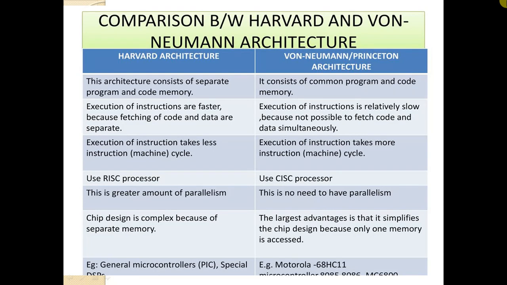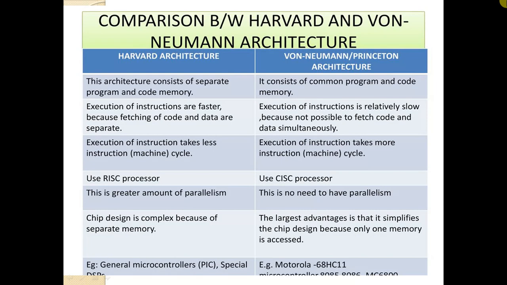In von Neumann architecture, execution of instructions is relatively slow because it is not possible to fetch code and data simultaneously. Execution of instructions takes fewer instruction cycles in Harvard architecture and more instruction cycles in von Neumann architecture.